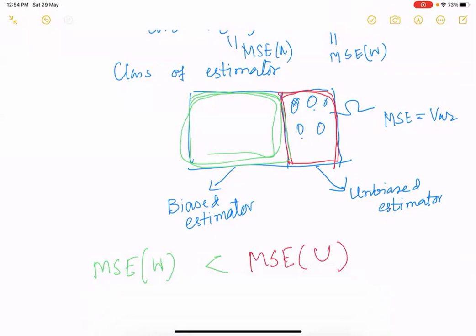Here I have the variance of W plus the bias of W squared, and for an unbiased estimator this is effectively the variance of W plus 0. My bias is 0.